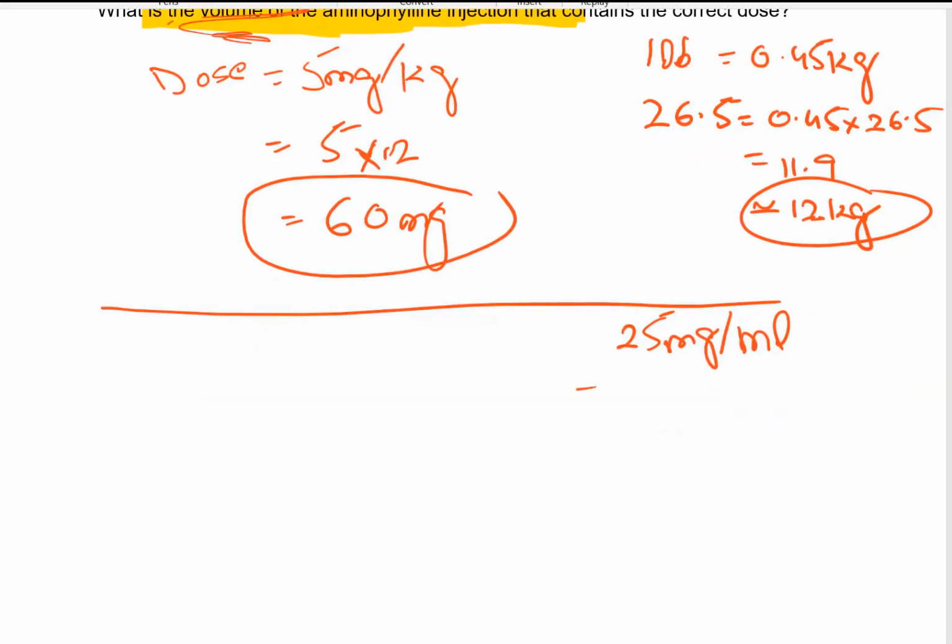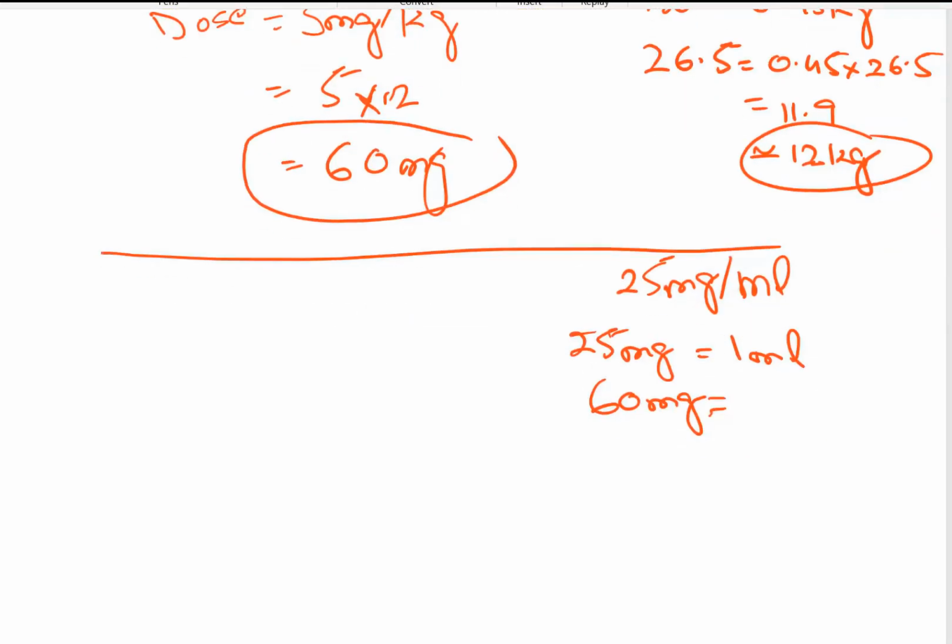Now that means if 25 milligrams is present in 1 milliliter, 60 milligrams will be in... The way I do this calculation is this. I'll show you the way I do it, but if you have your own method of calculating this type of calculation, then stick to that, because I don't want you to learn something new at this point.